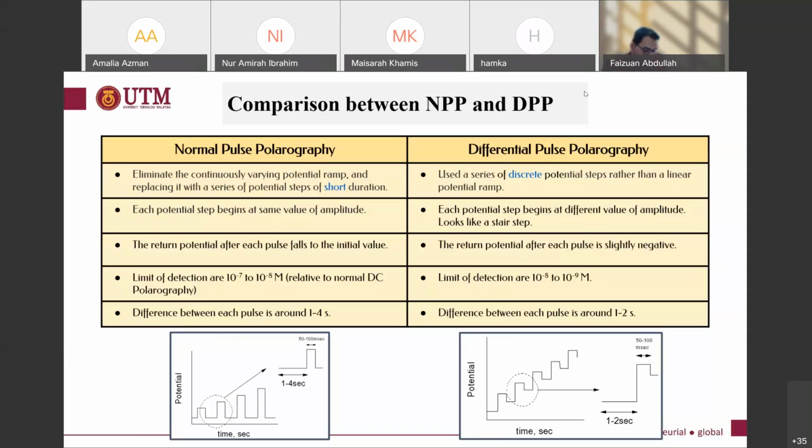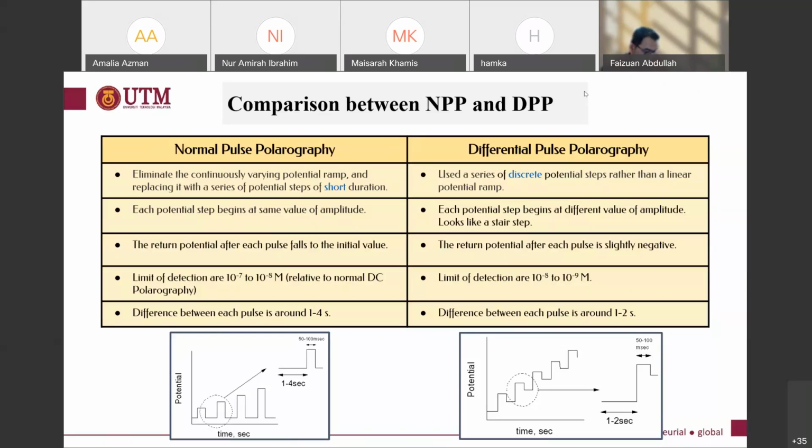Meanwhile, differential pulse polarography, DPP, uses a series of discrete potential steps rather than a linear potential ramp. Next, for NPP, each potential step begins at the same value of amplitude. Meanwhile, for DPP, each potential step begins at a different value of amplitude, where it looks like a stair step.